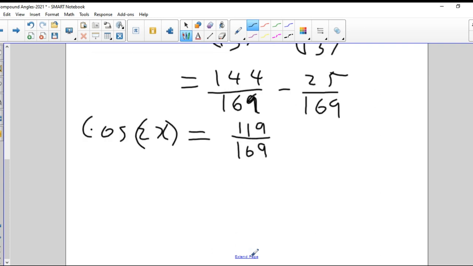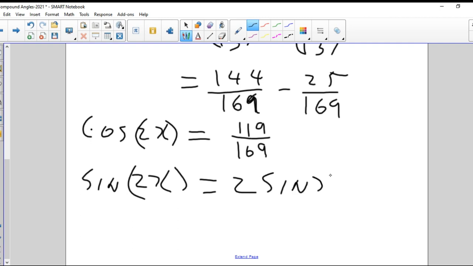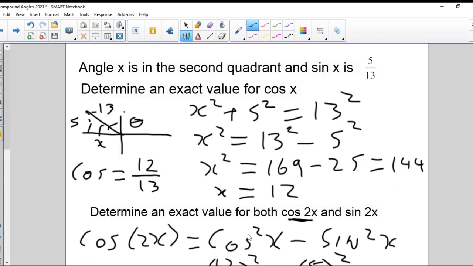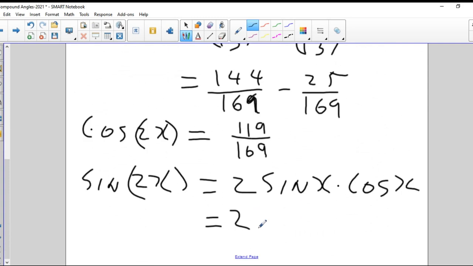For the sine of 2x, according to the formula, I write the formula down again. It's 2 sine x times cos x. So in this case, it's 2 times the sine of x, which was given to us at the beginning of the question, 5 over 13, times the cos of x, which we worked out to be 12 over 13.